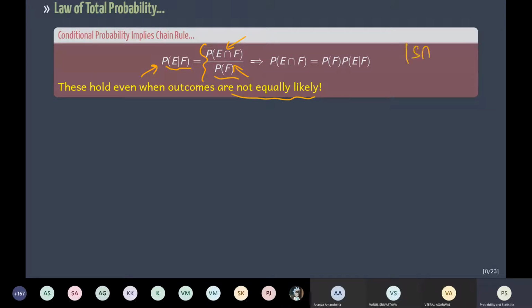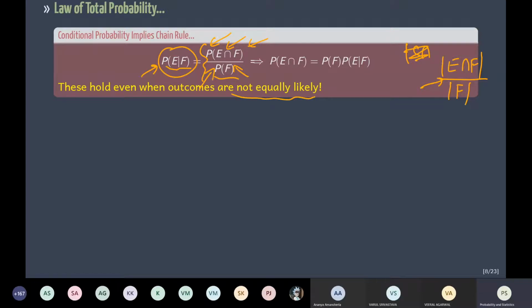In the cases where we used cardinality based definitions, there we assumed equally likely outcomes. But here we are not assuming that in this definition of conditional probability, because I am directly dealing with the probability. This has already been computed, assuming whatever bias is there.